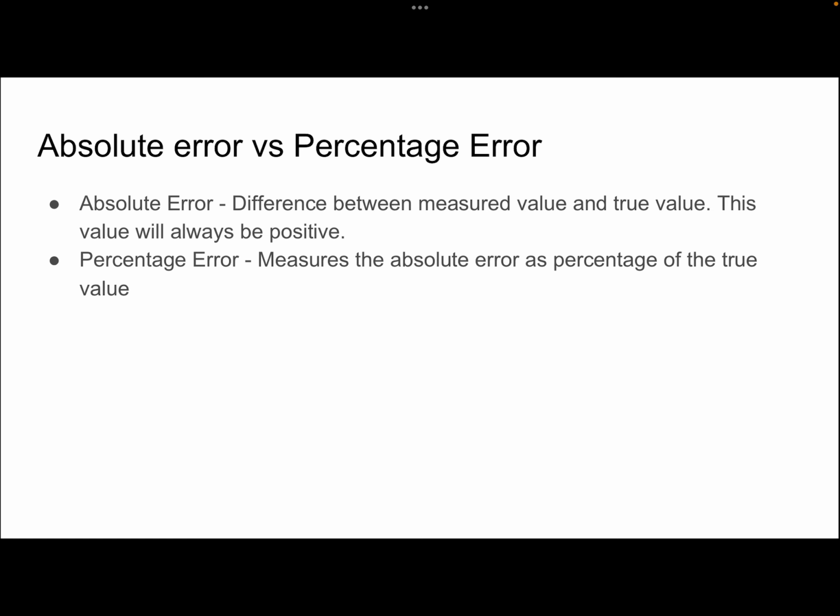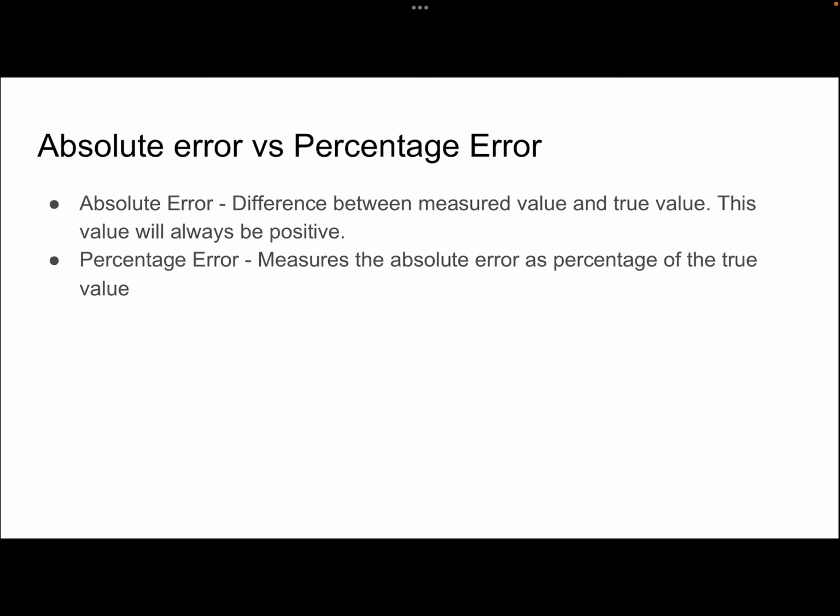Then I'll show you what really distinguishes between absolute and percentage errors. Percentage error, from the word percentage, obviously is going to be in the form of a percent. What it does is measure the absolute error, which I explained earlier, as a percentage of the true value.